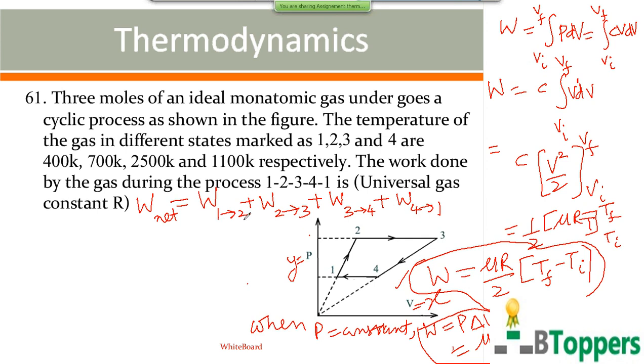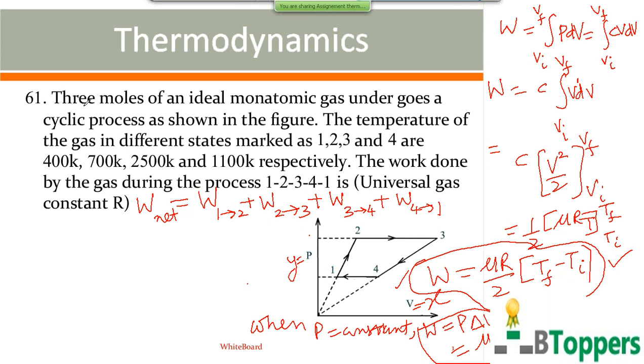So for the process 1 to 2, the graph is a straight line passing through origin. Therefore, you have to use this formula for calculating work done. For the process 1 to 2, Ti means temperature in the initial state 1, which is T1, equal to 400 Kelvin. And Tf means temperature in the final state 2, that is 700 Kelvin.